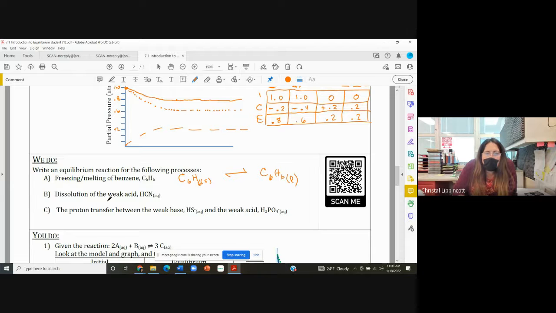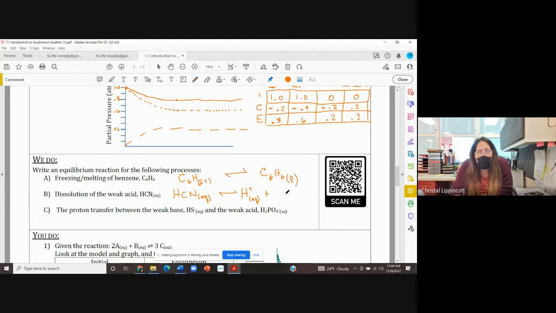All right. Dissolution of a weak acid, HCN. So that means that it's going to start out as aqueous. So we're going to start it out as aqueous, and once it gets in that aqueous form, it's going to disassociate from itself.